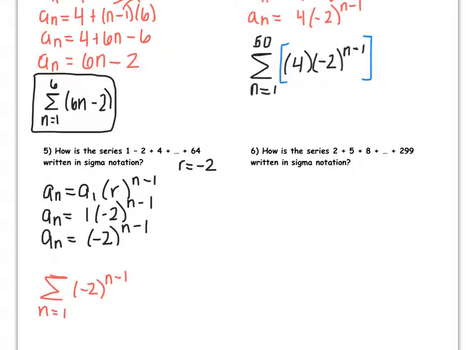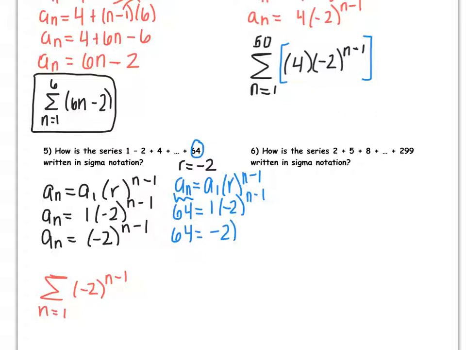I'm going to try to solve for n. So we leave this as a sub n equals a sub 1 times r to the n minus 1. So I can use a sub n as my nth term, which we need to know is 64. I have my first term, which is 1. I have my common ratio, which is negative 2, raised to the n minus 1 power. So I have 64 equals negative 2 to the n minus 1.